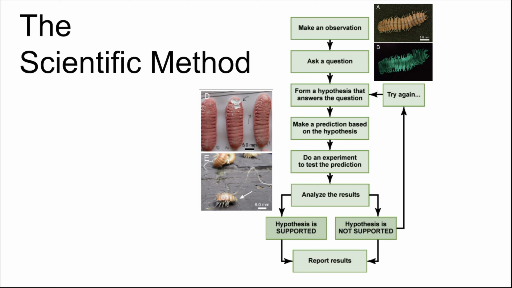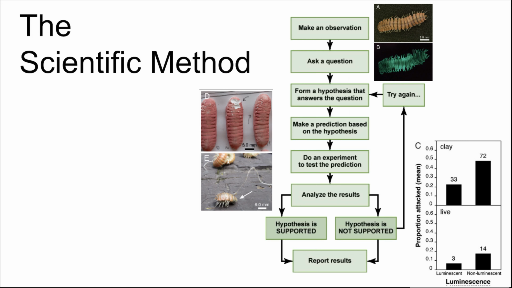Then you gather the data and you analyze the results. Those results either support your hypothesis or do not support your hypothesis. Then you report the results in a scientific paper. That paper goes to a journal, and we'll talk about that step next. But if the hypothesis is not supported, you can see that it still goes and you still report it, but then you try to find the reason why.